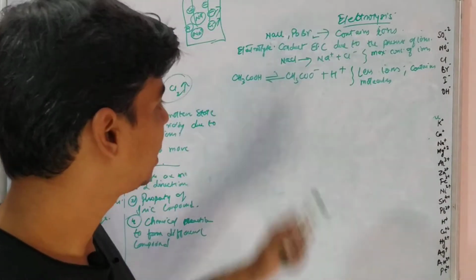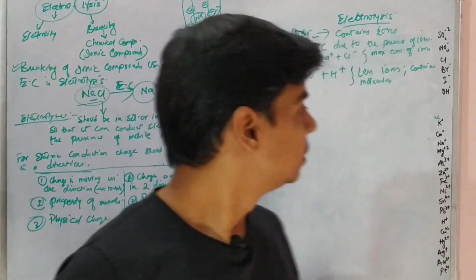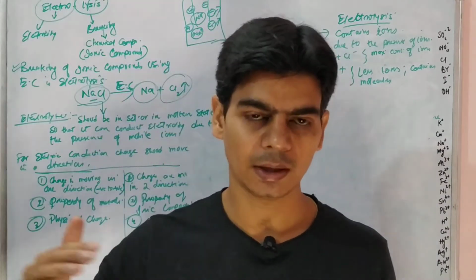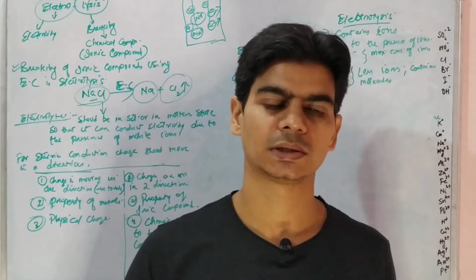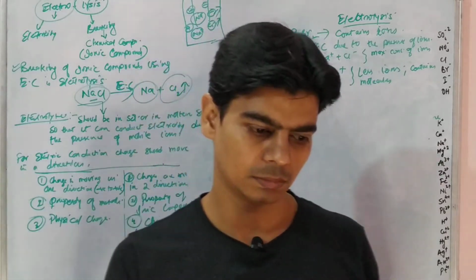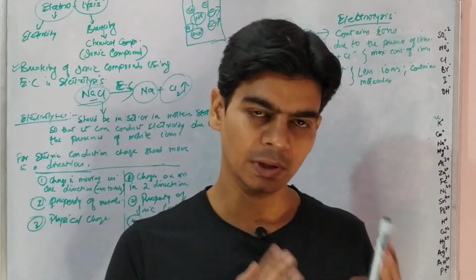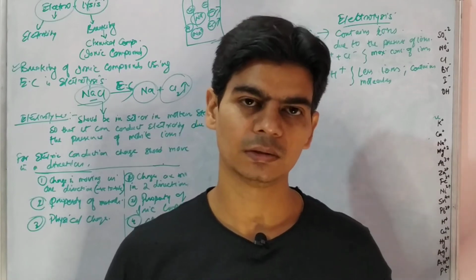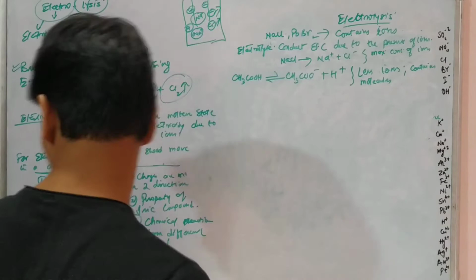The second type, a solution of acetic acid in water, contains fewer ions, due to which it allows less electricity to pass through. These are called weak electrolytes. So electrolytes are divided into weak and strong electrolytes due to the number of ions present. More ions are in strong electrolytes and fewer ions in weak electrolytes, right?